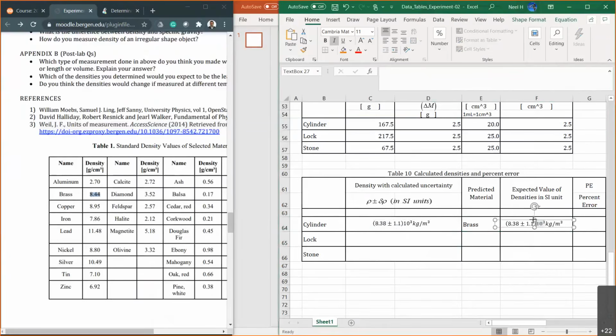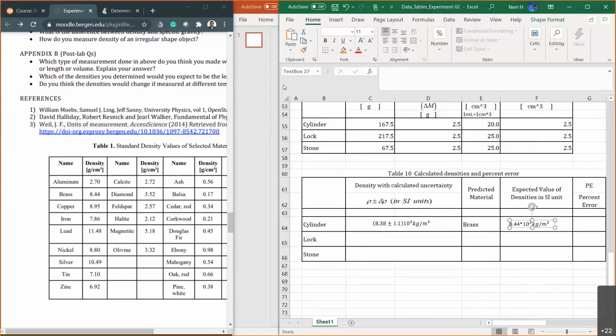I don't have an error or anything. Okay, 8.44 times 10 to the power 3 kilogram per meter cube, because the unit given in the table is also in gram per centimeter cube. That matches exactly the numbers we measured.